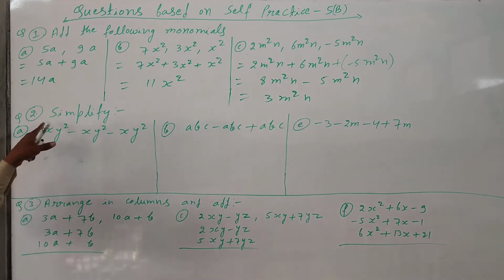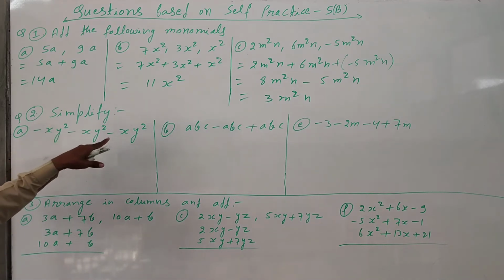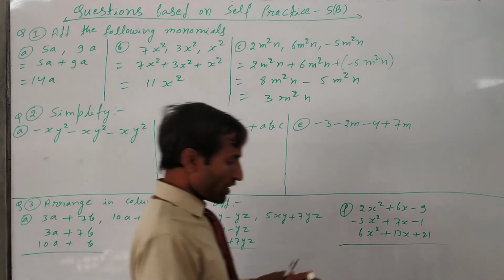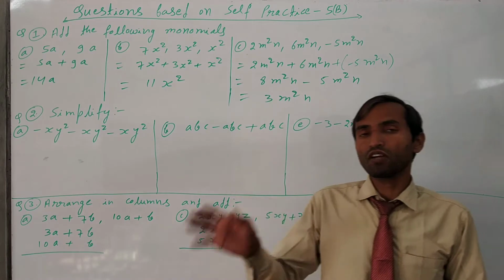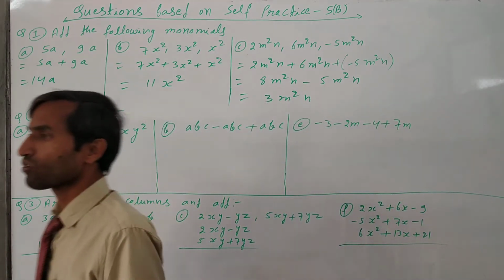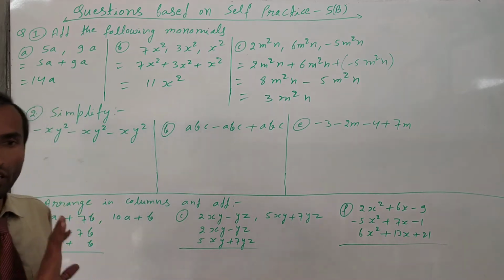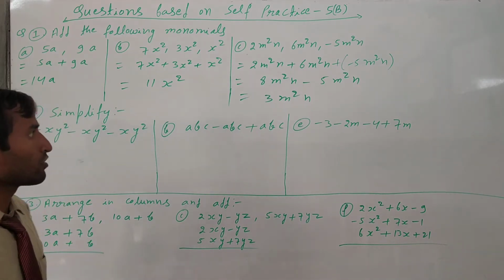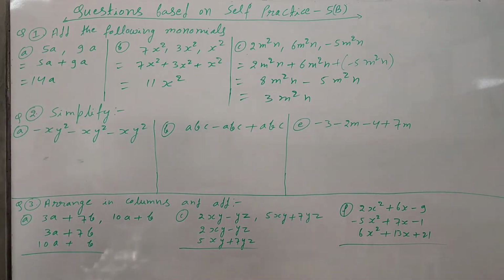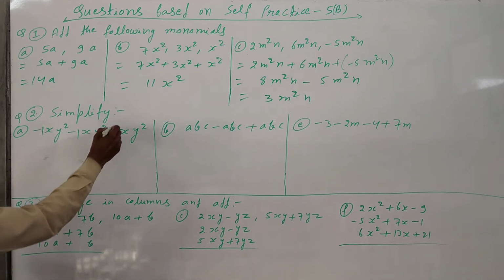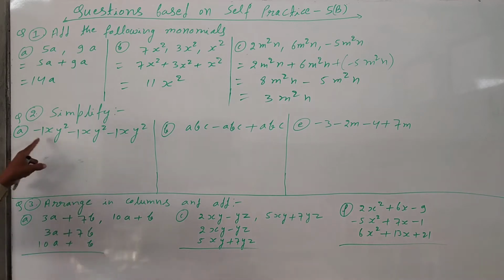In the second question, here minus xy square, minus xy square, minus xy square, all are like terms only. If like terms are there, then we have to either add or subtract, otherwise no. If two like terms are given, then we have to add, otherwise they will not be able to add. Now here minus, nothing is written, means minus 1, minus 1, minus 1, the coefficient is minus 1.